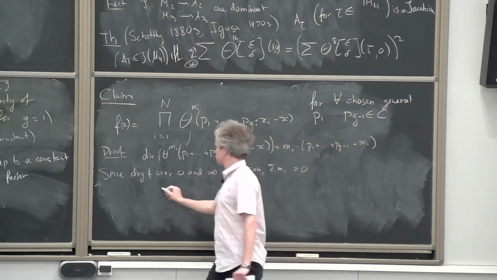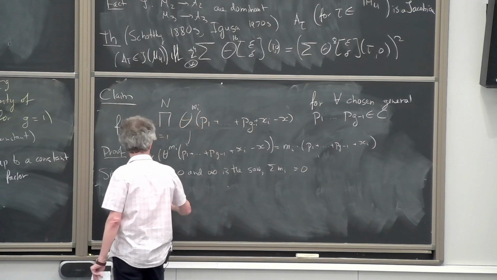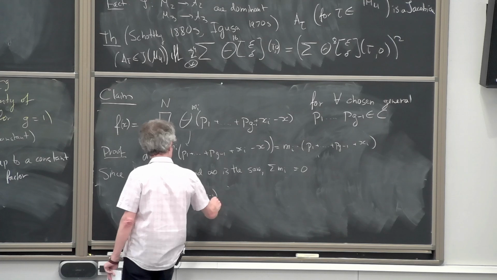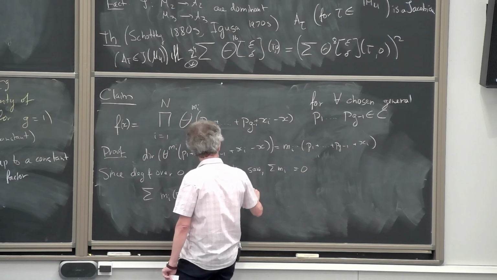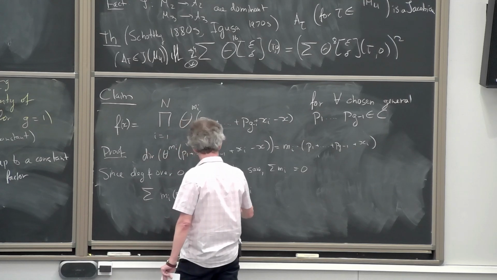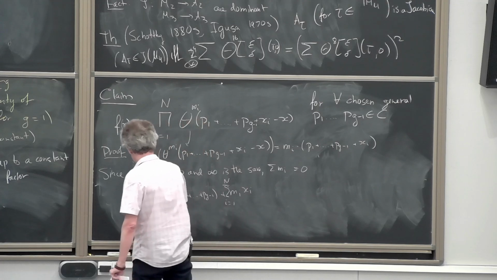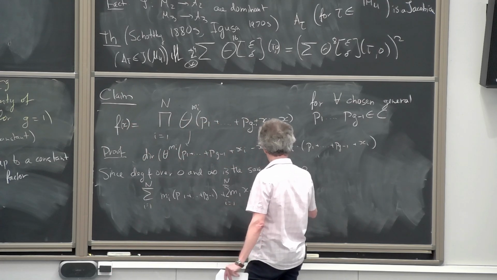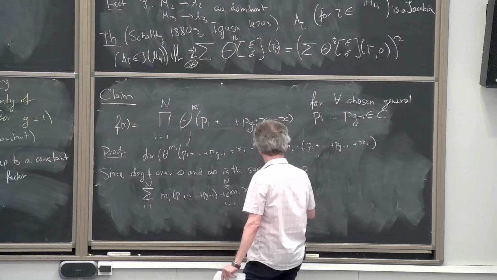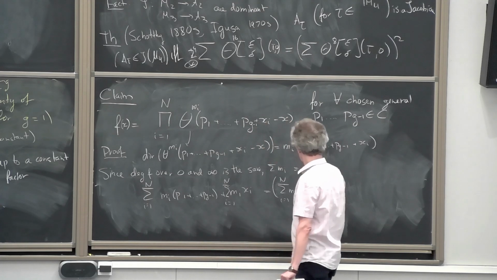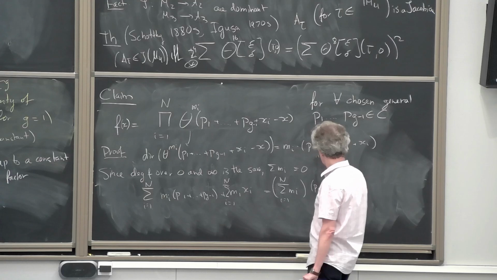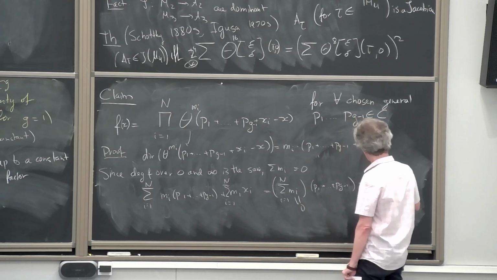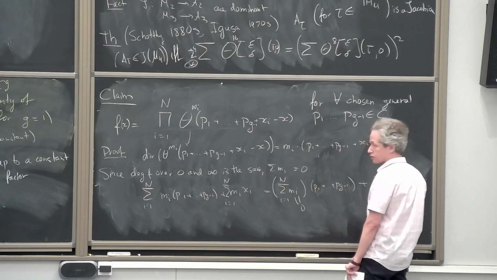So now if I take the sum of divisors, which are mi times p1 plus dot dot dot plus p_{g-1}, plus mi xi, this will cancel because this is just the sum of mi's, plus the sum of mi xi, right?